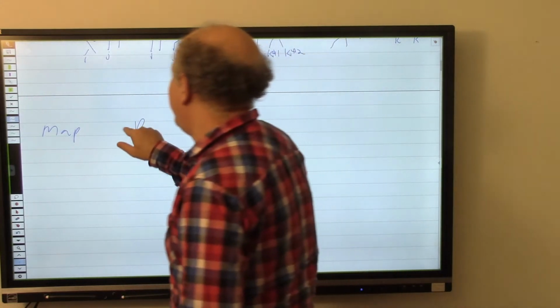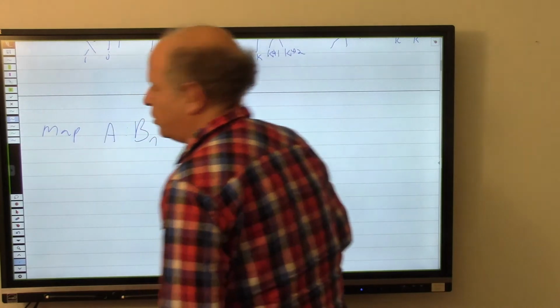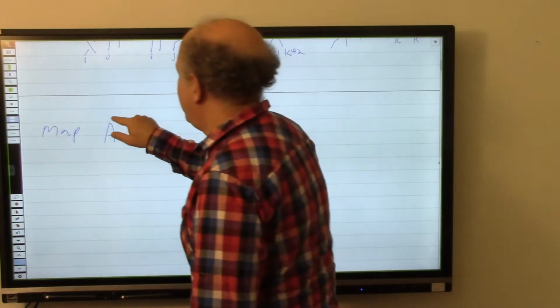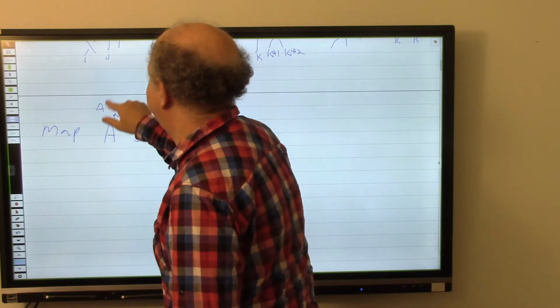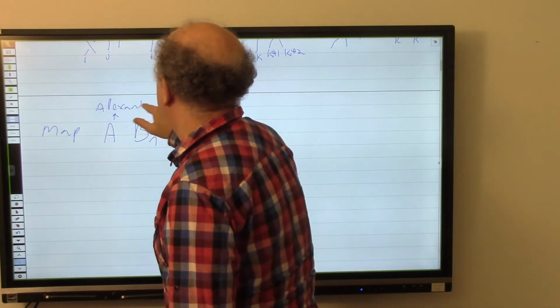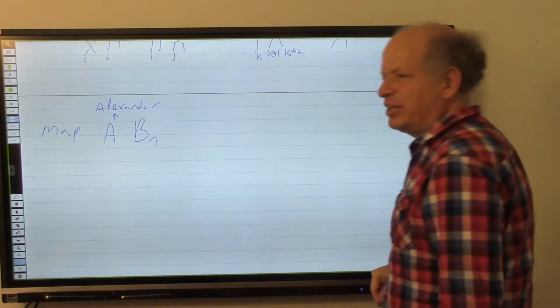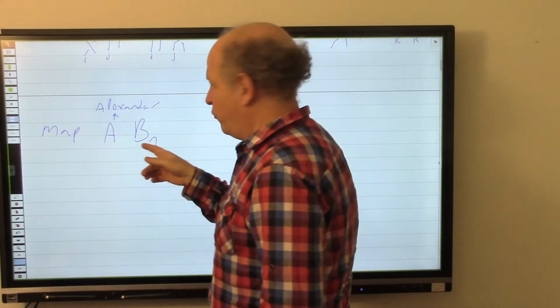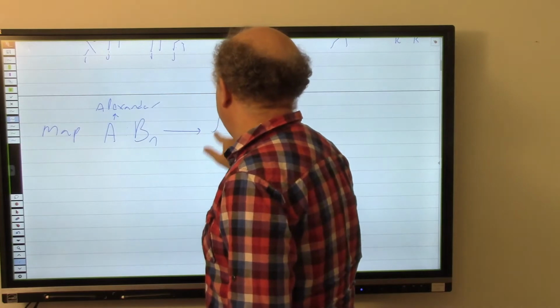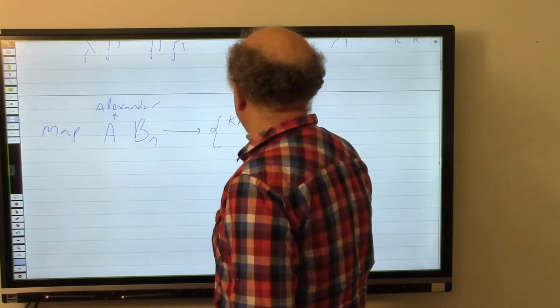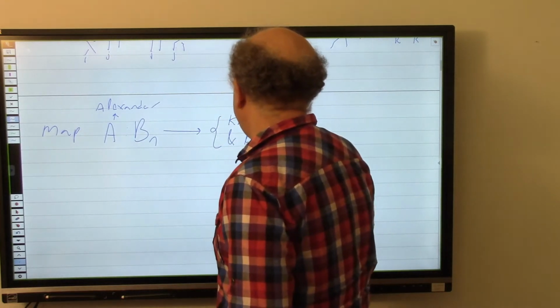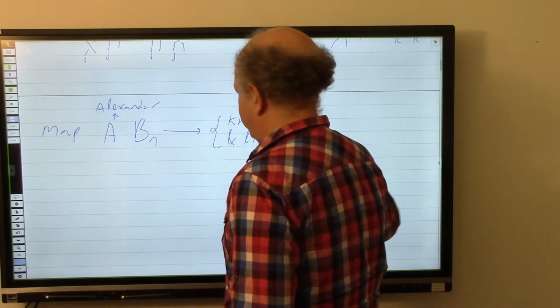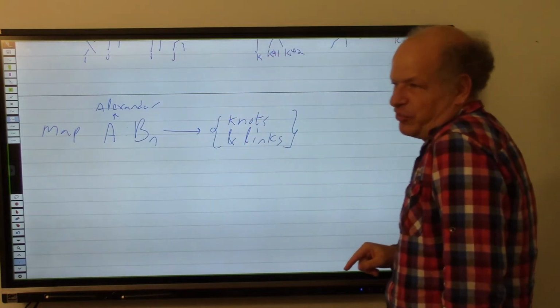Maybe I'll call it A. Okay? And A here stands for Alexander, and in a minute you'll see why I call it A. So there is a map A from braids into actually knots and links. And the map is very simple.